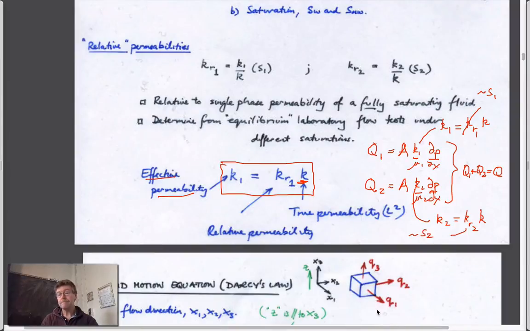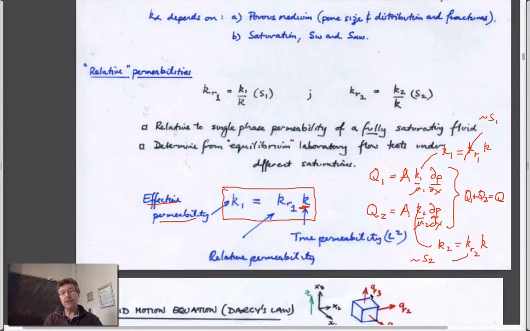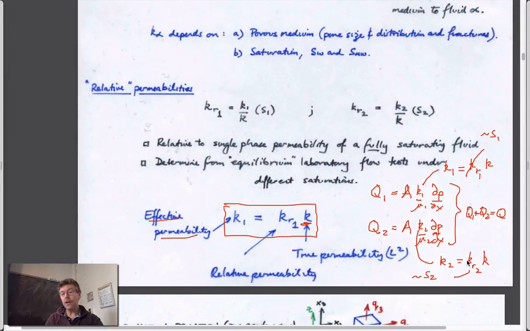Okay? And so what would this relative permeability look like if we drew it on a graph? The graph we might look at would be this. This is the saturation of water on the bottom. It goes between 100% water saturated and 0.